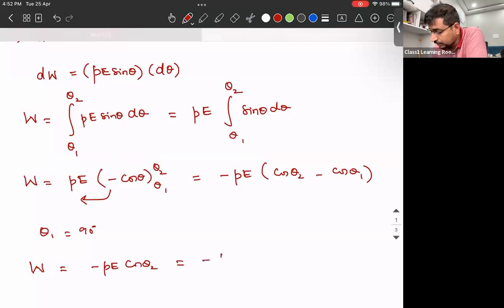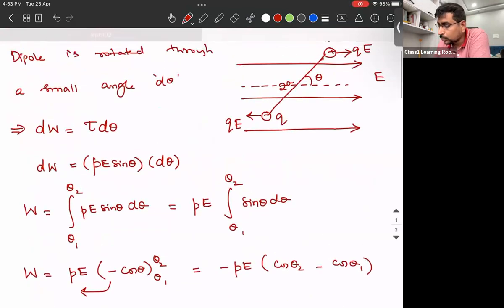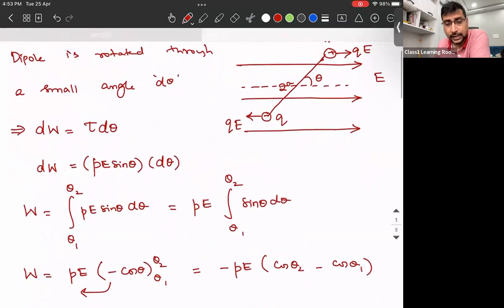From this, you can say it is minus P vector dot E vector. This is the work being done on the dipole, and this is what gets stored in the form of electrostatic potential energy, right? So this is the heading: potential energy of a dipole placed in an external electric field. Having said this, make a note of it.